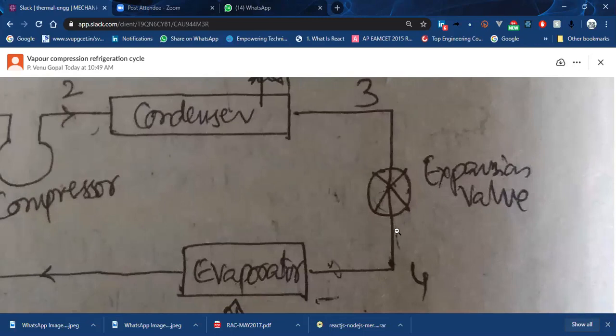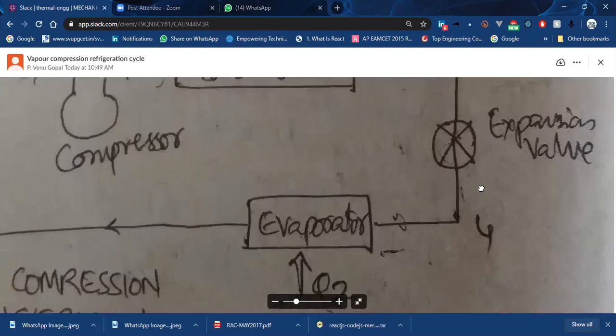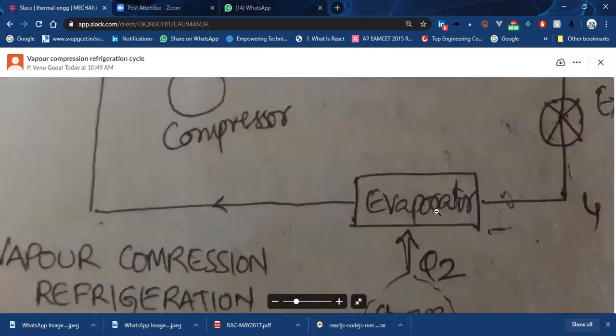The temperature will reduce, pressure also will reduce. So that is what is happening in the expansion valve. Once it is coming out of the expansion valve, it will become very cool liquid, the refrigerant. So it will be very low temperature liquid ammonia, which will be sent to the evaporator.